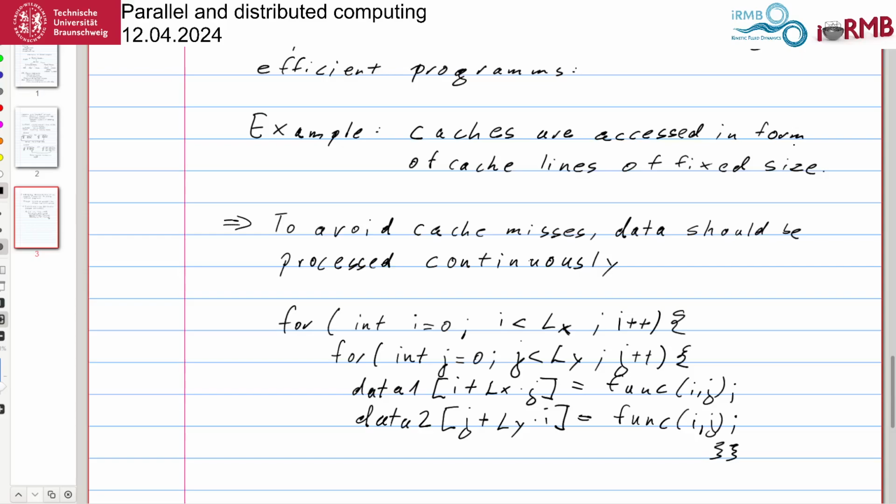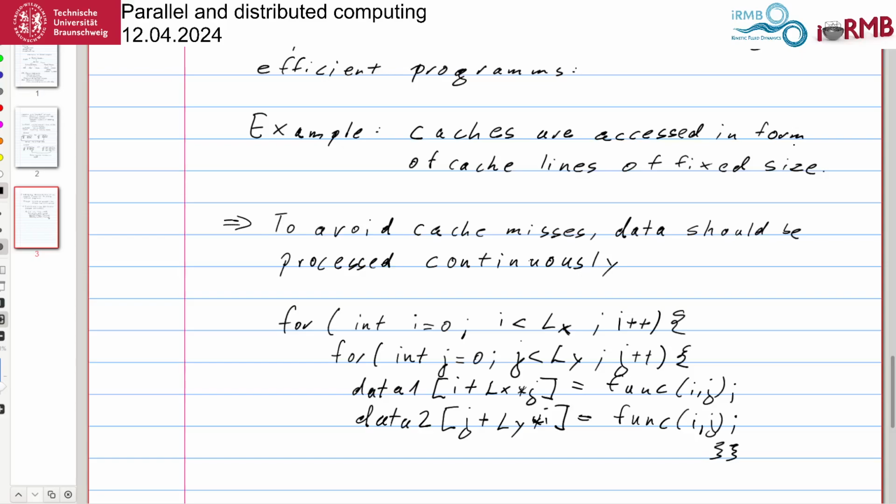The one address is I plus Lx times j, and the other address is j plus Ly times I.